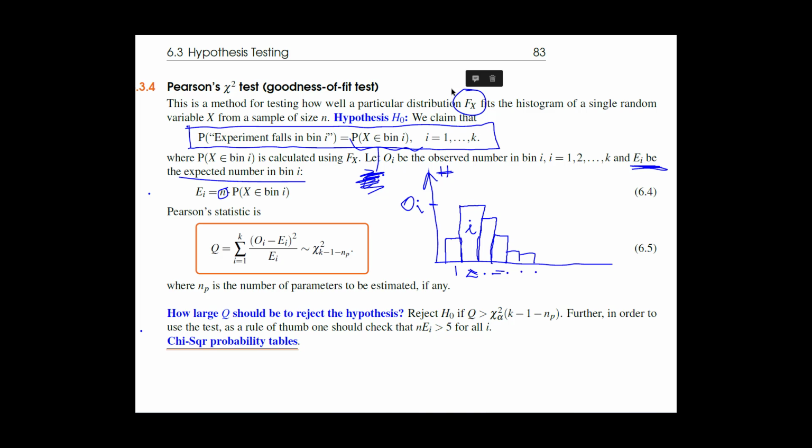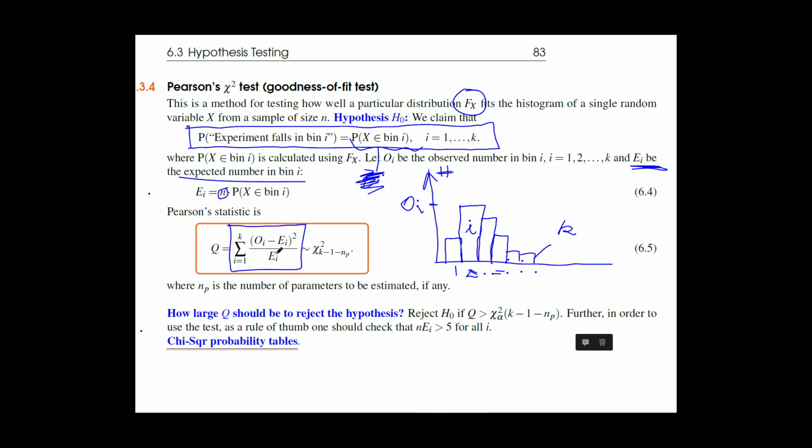All right, and then you're going to construct this statistic Q, right? And it consists of the sum over all your bins, so the K bins, that's bin number K right here, of these differences. So the difference of the observed and expected squared divided by expected.